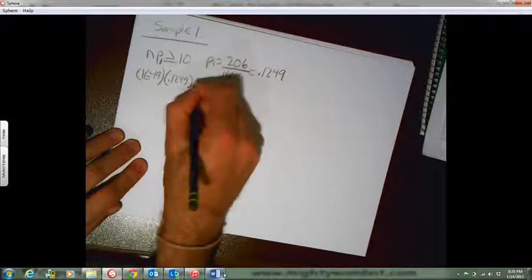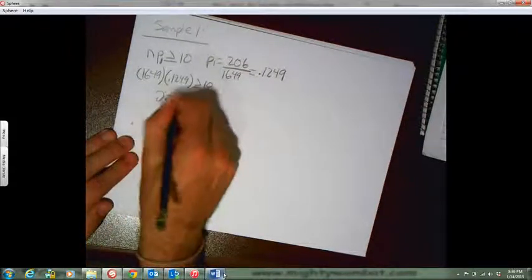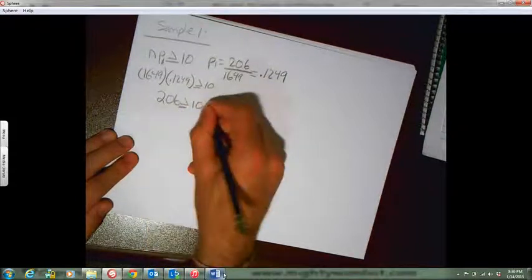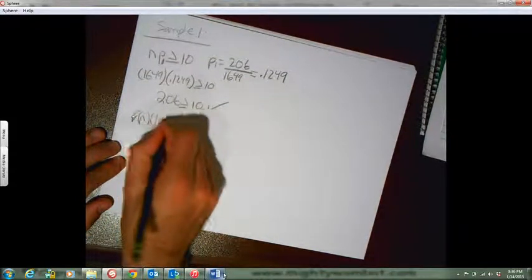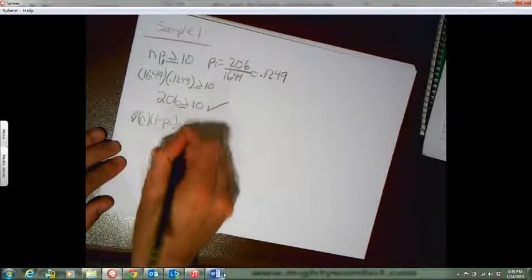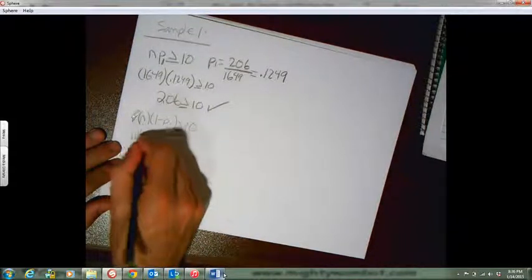Well, 1649 times 0.124924 is 206, which is absolutely greater than 10. We have n times 1 minus p1. Is that greater than or equal to 10? Well, n is 1649, and 1 minus 0.1249 times 1649 equals 1443.